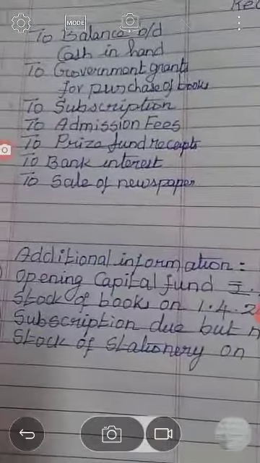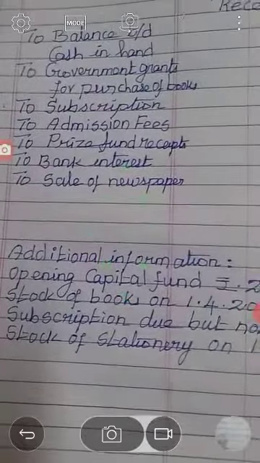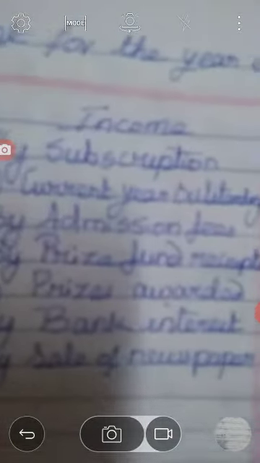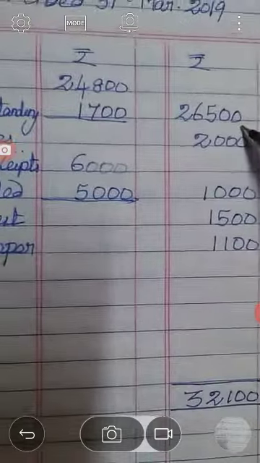Subscription due is an outstanding, otherwise we call it due. So here we put by subscription 24,800 plus current year outstanding 1,700, so you have to add it, then outer column 26,500.